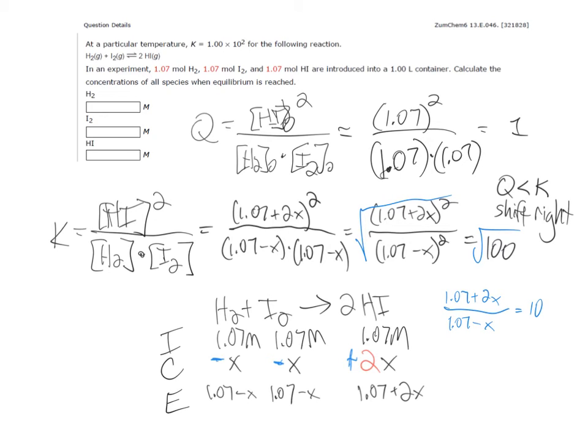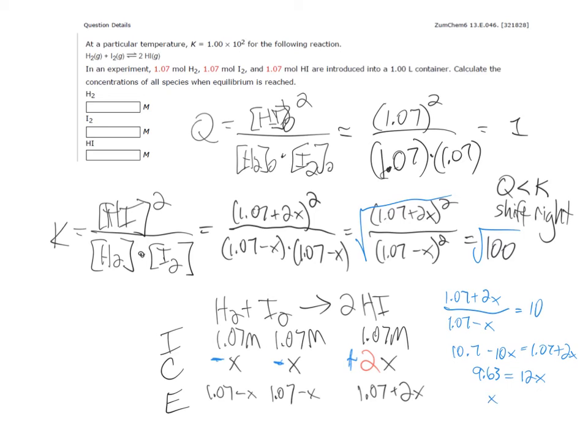So we'll get the x terms all on the same side. And we'll subtract the non-x terms, 1.07, from both sides, and we end up with 9.63.